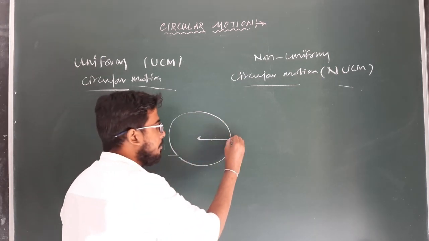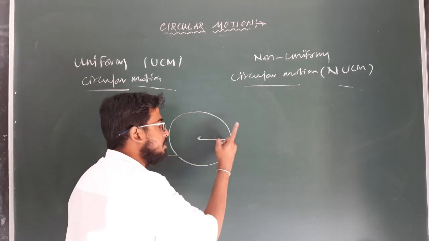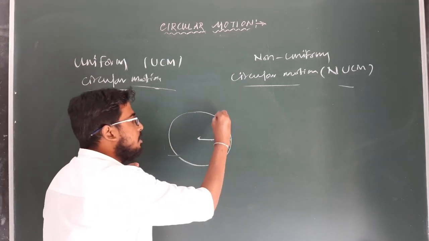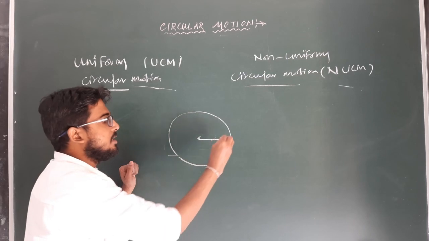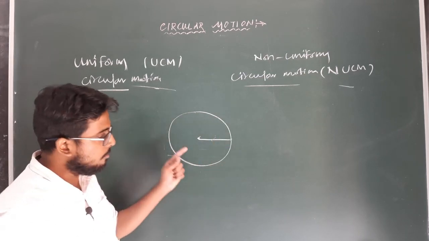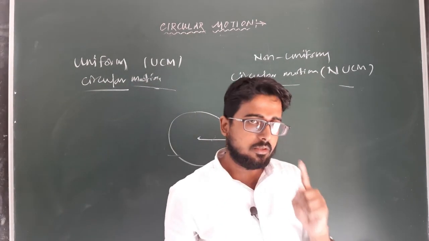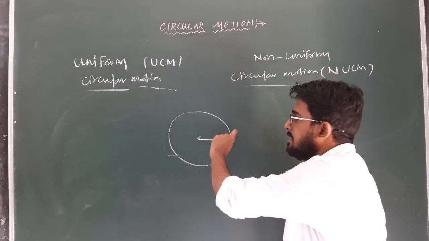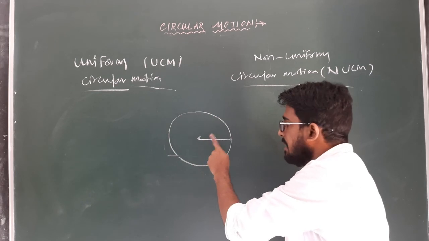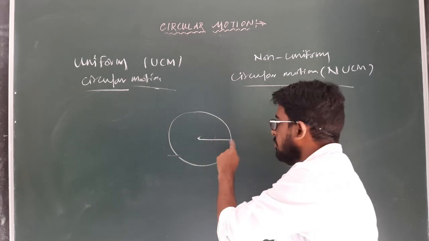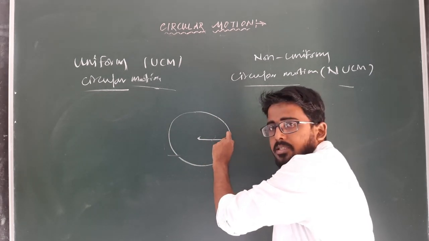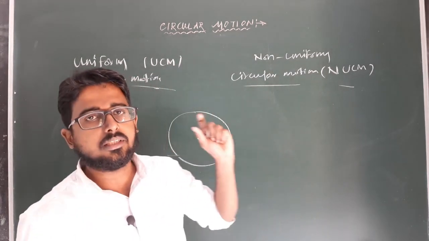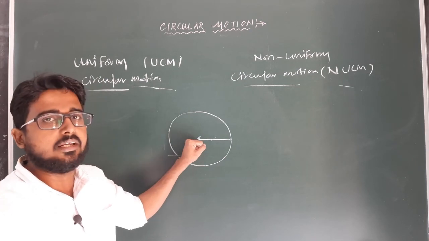That means the speed of the particle may remain constant or the speed of the particle may change, but the direction of the velocity of the particle changes at each and every instant. So it is compulsory that if a body is executing circular motion, then its direction of velocity changes at each and every instant. That means it must require an acceleration which is acting perpendicular to the direction of linear velocity. That means if a body is executing circular motion, then it must possess a radial acceleration.